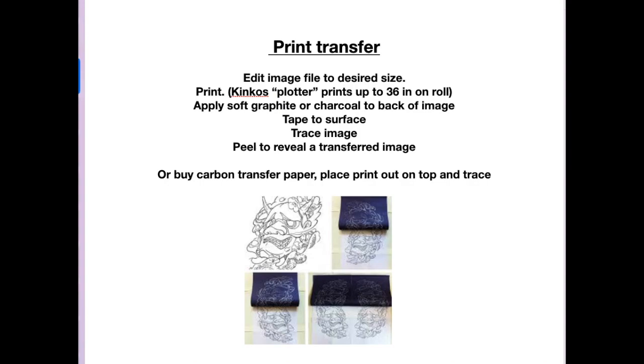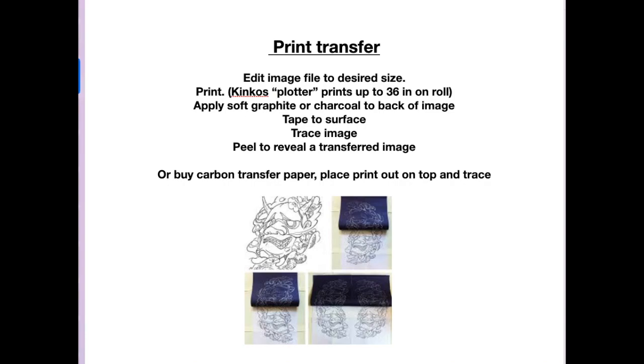It's FedEx Kinko's, or you could go to UPS, wherever they have a plotter printer. It's just the large scale printer. You can probably do this at Staples as well. It's nice and wide, prints up to 36 inches wide, and then as long as you'd like, because it's just like a huge roll, so you can print out as many feet as you want.